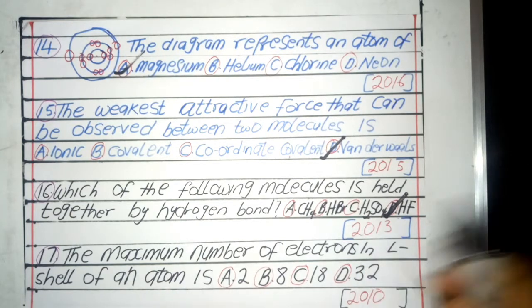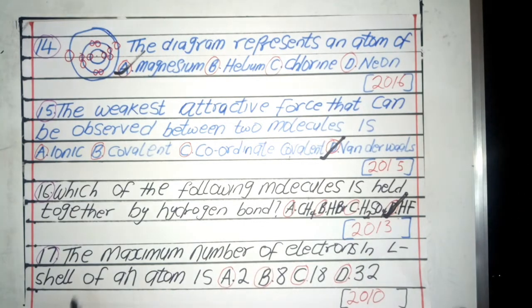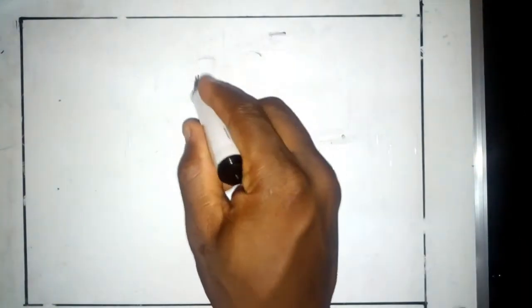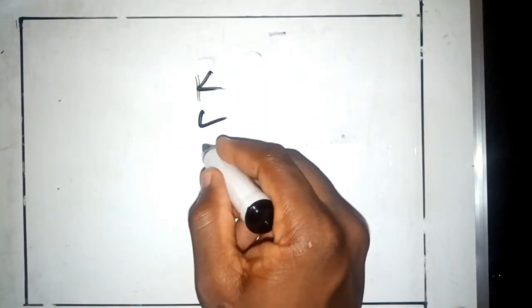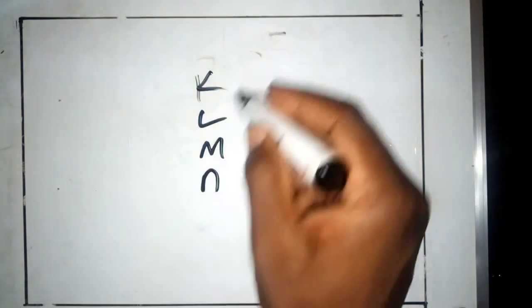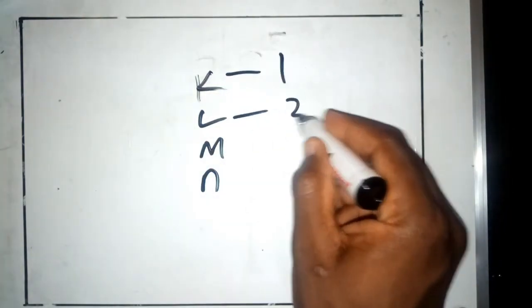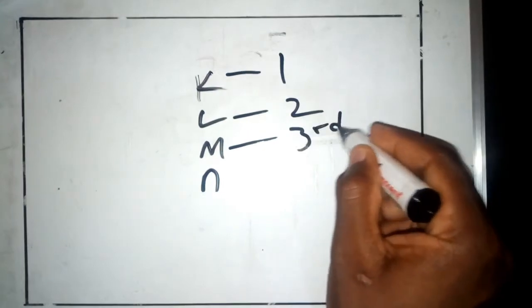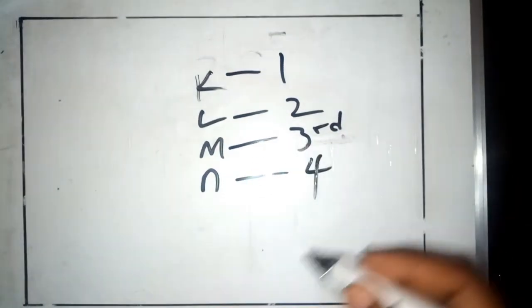Then the next question. The maximum number of electrons in the L shell of an atom is. First off, K, L, M, N: this is the first shell, second shell, third shell, fourth shell.